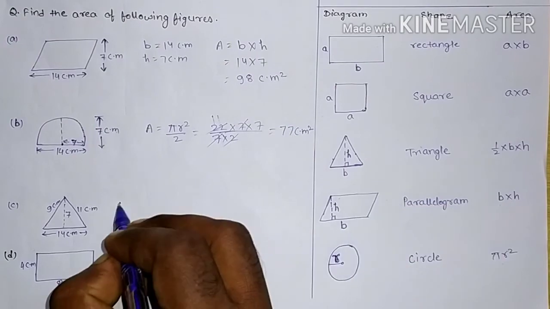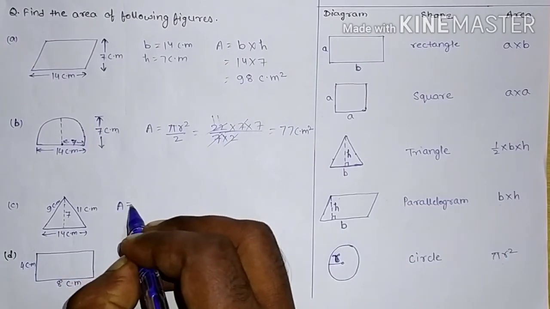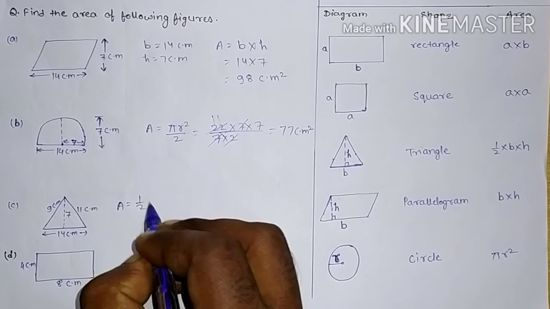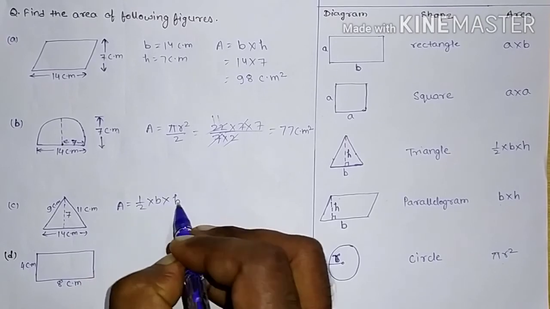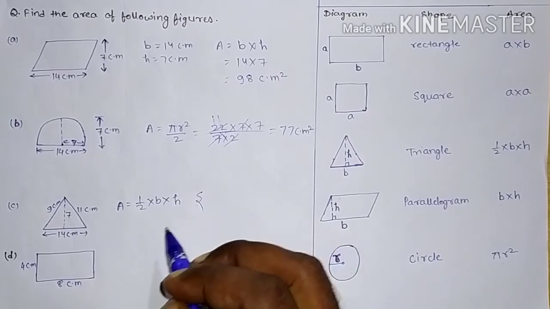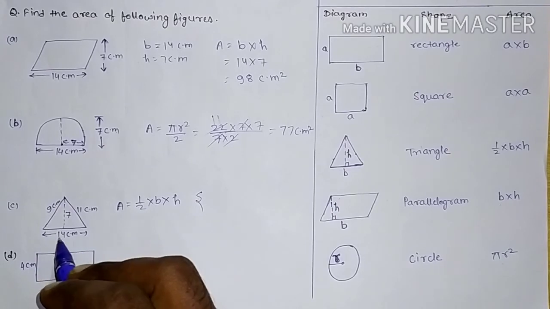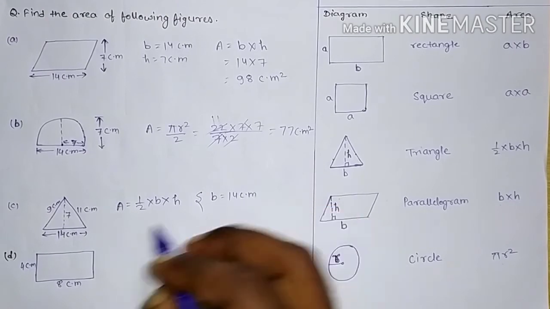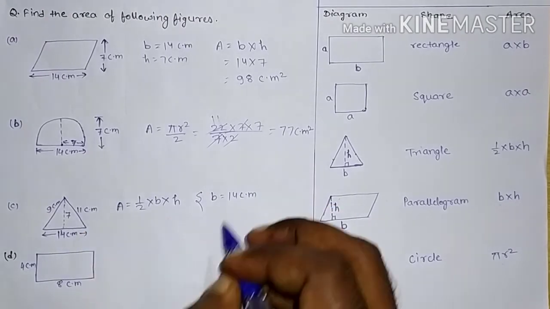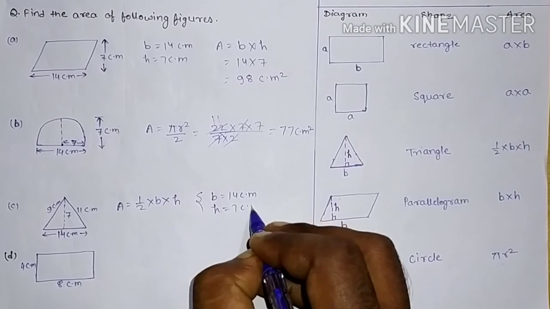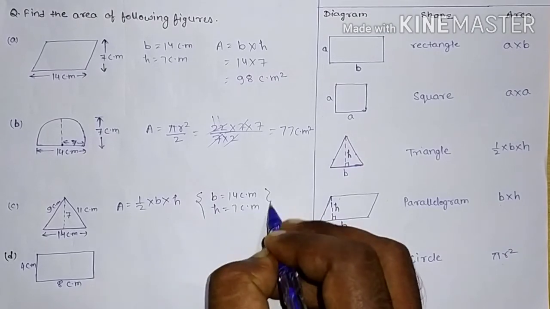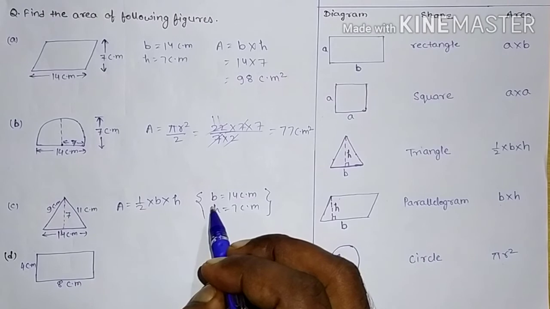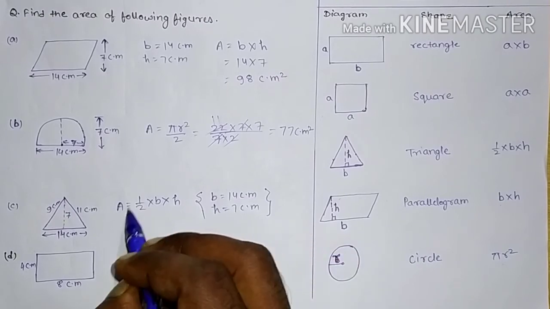So formula of area of triangle will be half into base into height, where base is given 14 centimeter. This is base 14 centimeter. So here base is given 14 centimeter and height is given 7 centimeter.